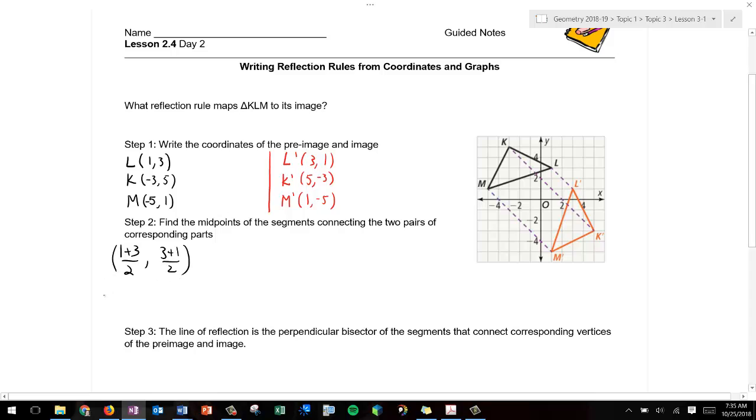So the midpoint is 4 over 2, comma 4 over 2, or 2, 2. We're going to repeat that process with K prime and M prime. Go ahead and do that right now.